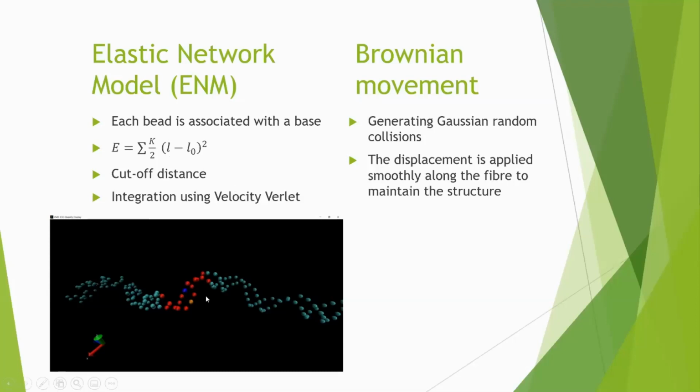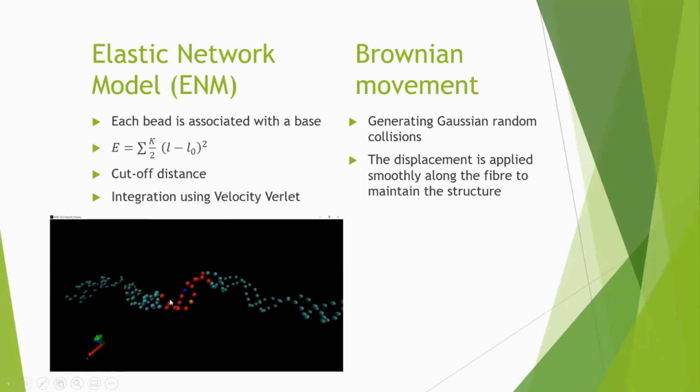In this picture down here, we can see an example of a linker, and I've highlighted in blue a bead. Then in orange, we can see the opposing bead in the other fiber.